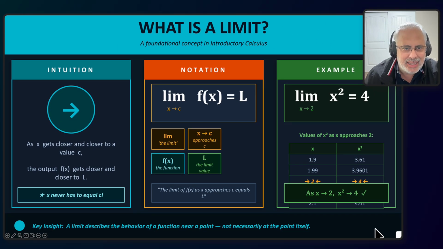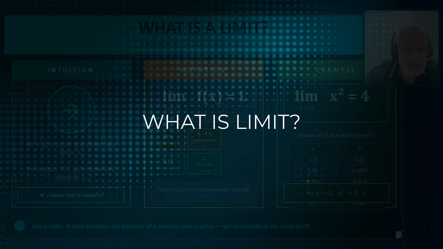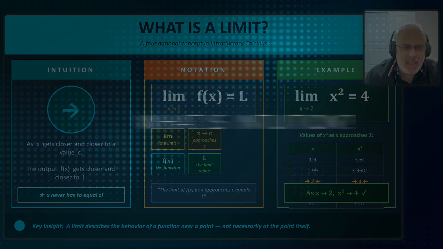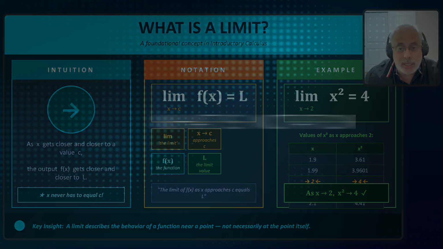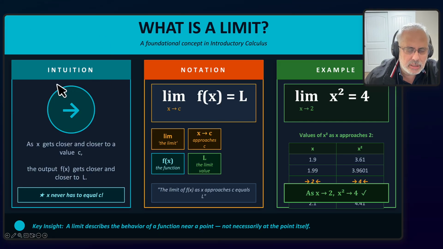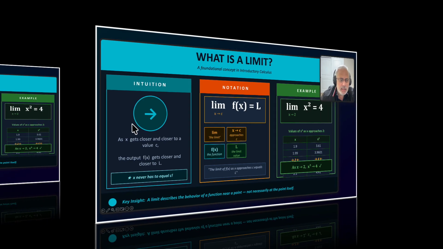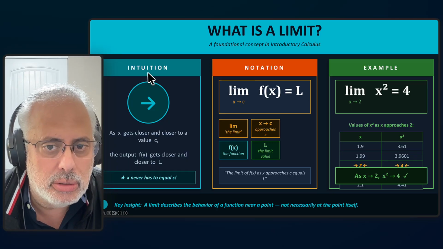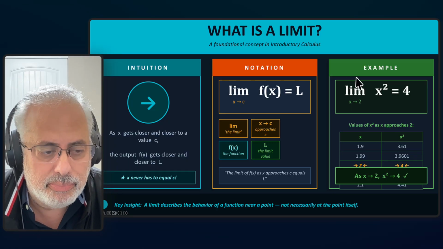Let's start with the idea. What is a limit? A foundational concept in calculus. What is the intuition? What is the notation? What is the example? You can see here on the left this beautiful infographic that talks about these three main components: intuition, notation, example.